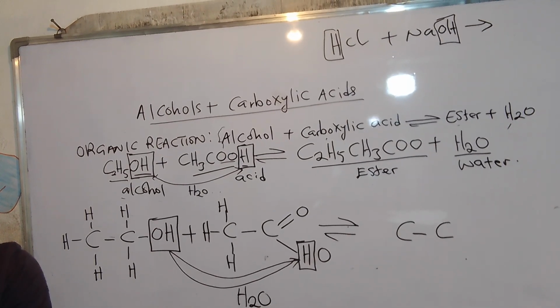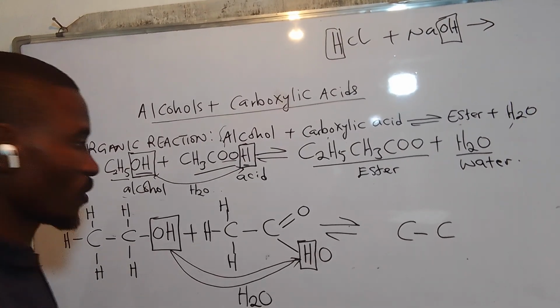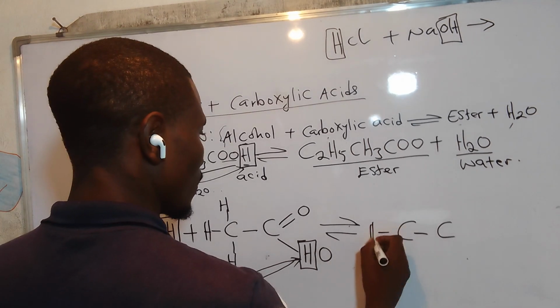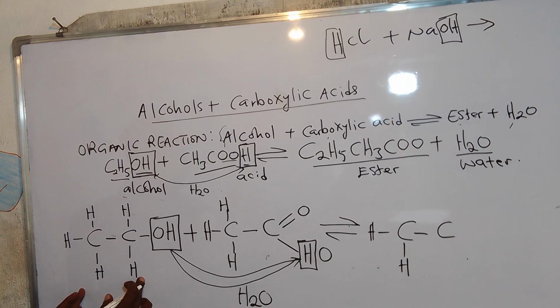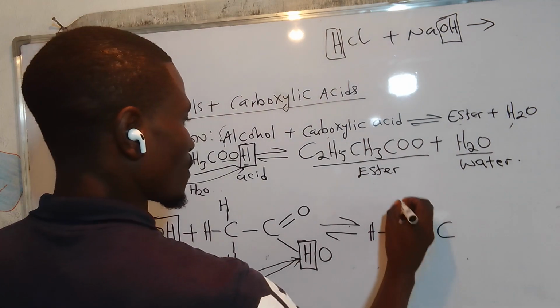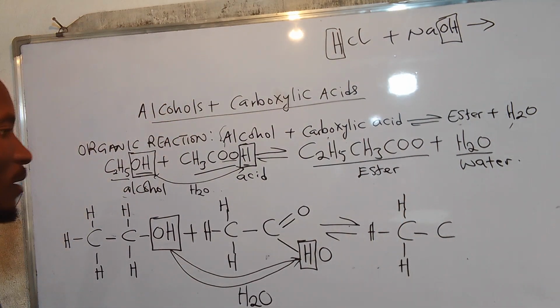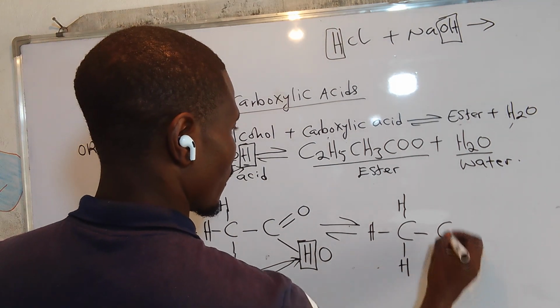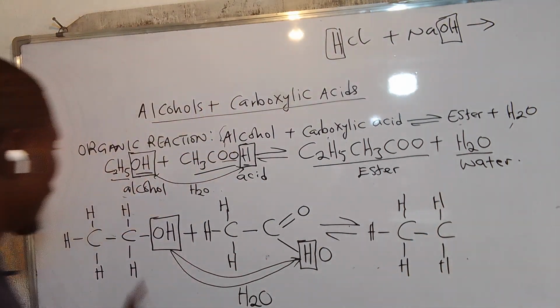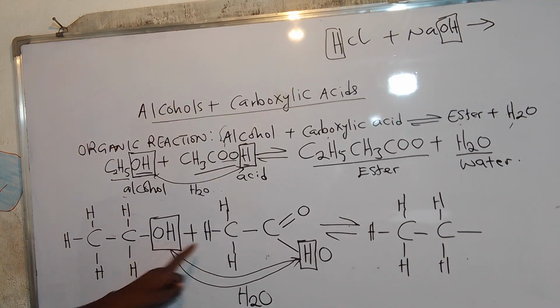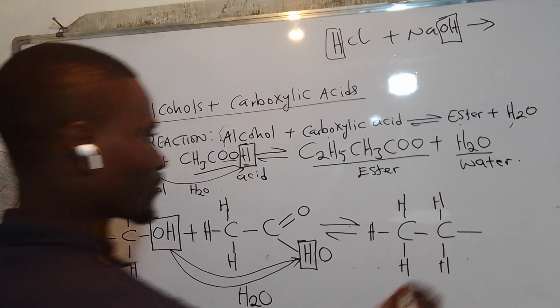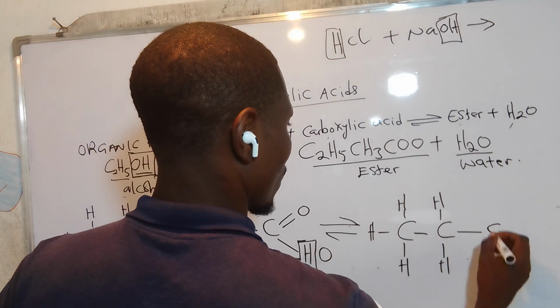So the hydrogen there, I'm now getting this part. Then also the hydrogen, we have 1, 2, 3, 4, 5, so 5 hydrogen. Now this part, we're going to extend it with this part, which is going to have that.